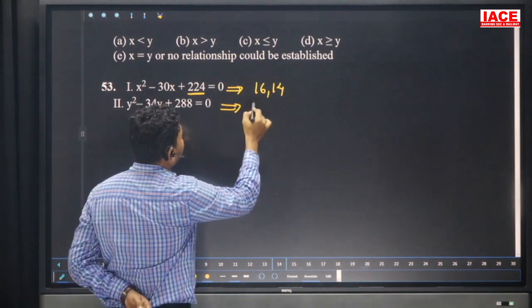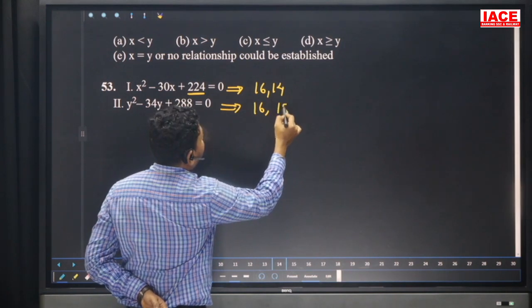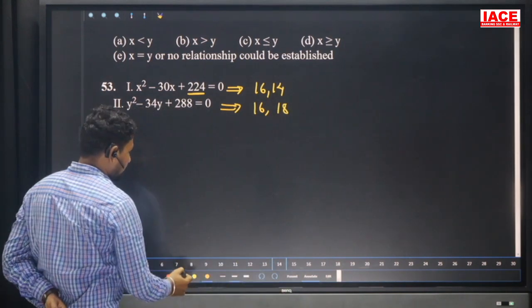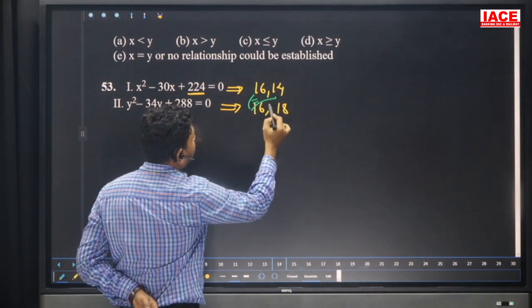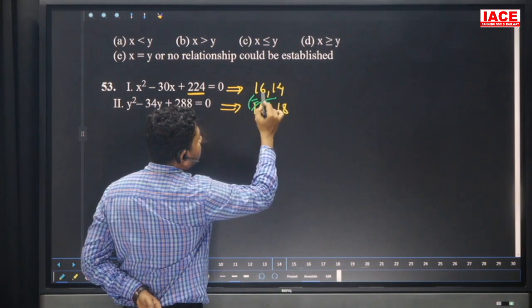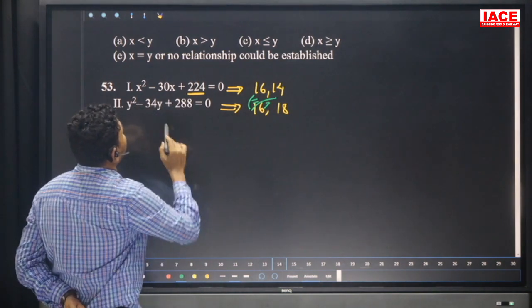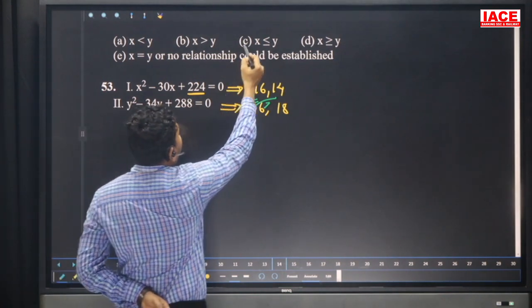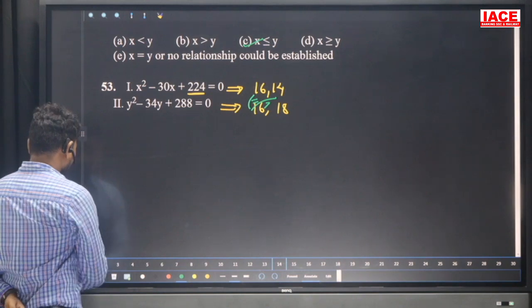This we can write 16 comma 18. Comparing the factors here, 16 to 16 equal, and 16 to 14, 16 is bigger, and 14 to 16, comparing to 16 comma 14, 18 is bigger. Then y greater than or equal to x. Y greater than or equal to x means we can write x less than or equal to y. Then our option is C. Move for the next question.